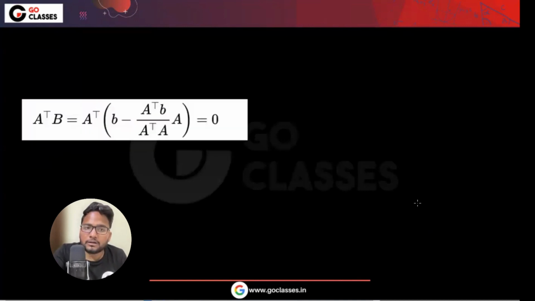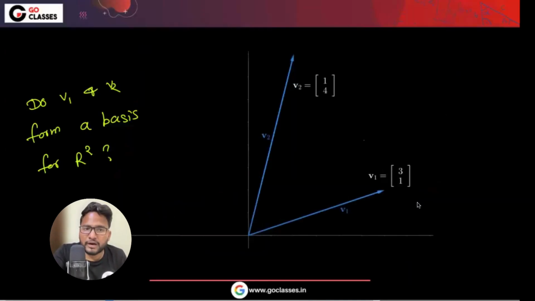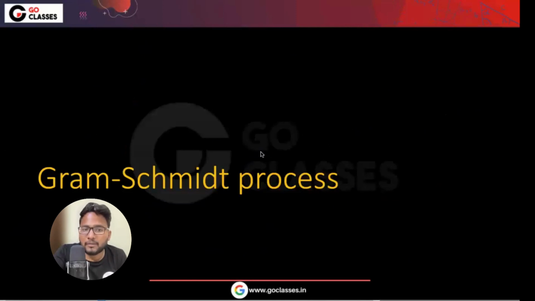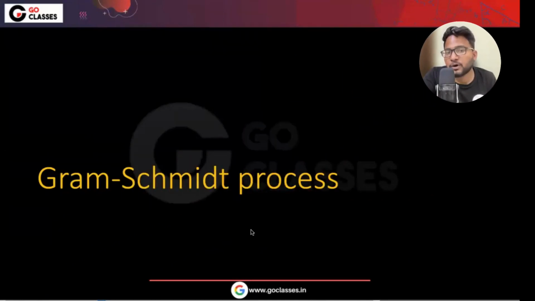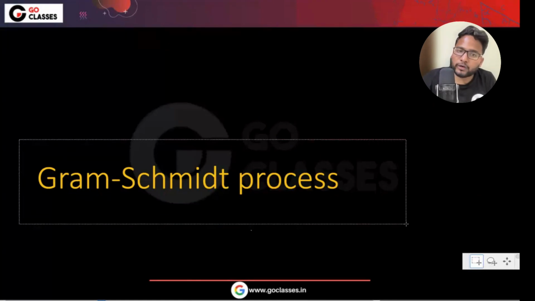And this particular method that we are currently seeing is called Gram-Schmidt. This method is very popular for converting any basis into an orthogonal or orthonormal basis. So let's see how to do it.